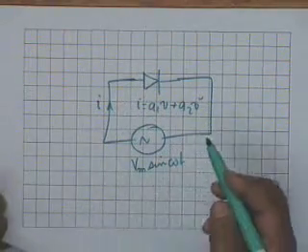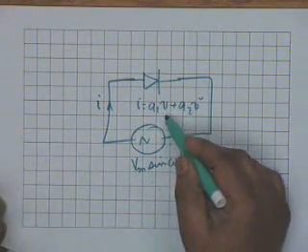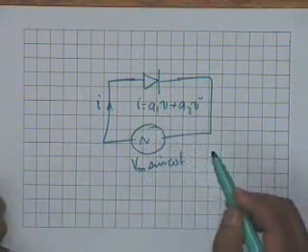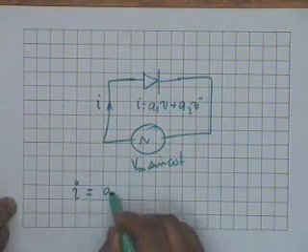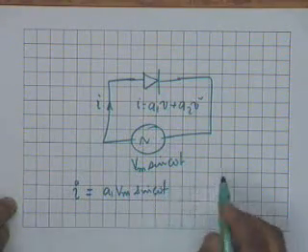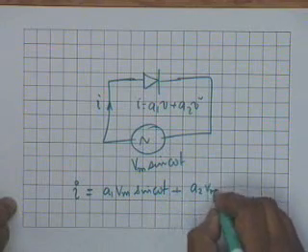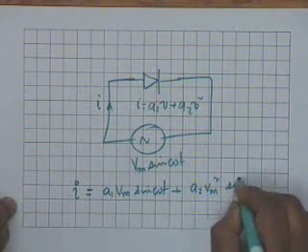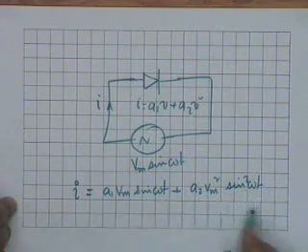Obviously, all that you have to do is to substitute Vm sine omega t for V and find I. Therefore the current in this circuit shall be A1 Vm sine omega t plus A2 Vm squared sine squared omega t. This would be the current.